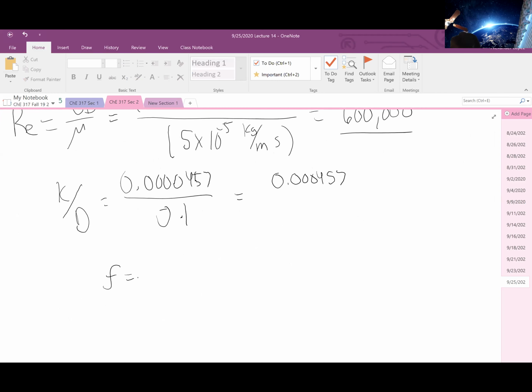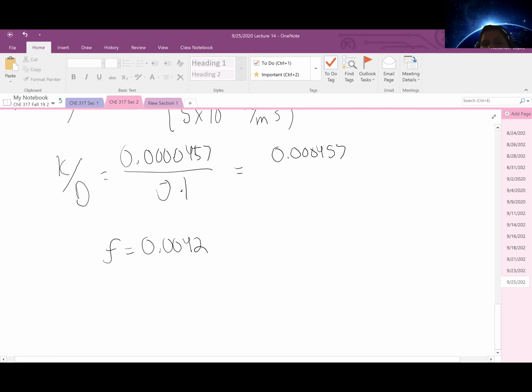For 600,000 and 0.0004, I get approximately 0.0042. So now we have that. We just need our hydraulic radius, which is our diameter over 4.